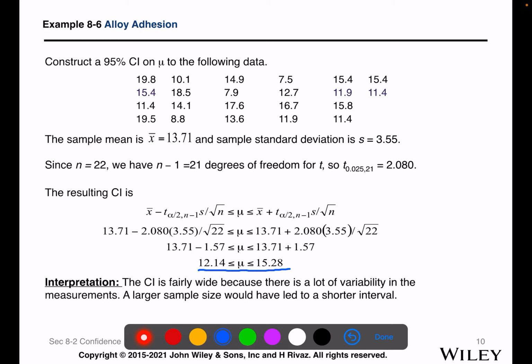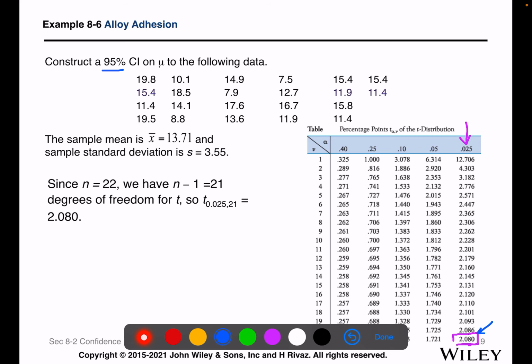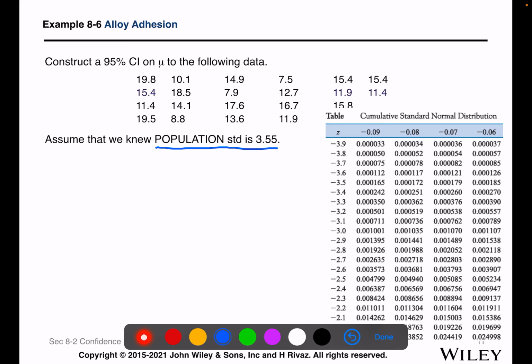So assume that in addition to these 22 data points, somehow, let's say magically, we knew that the population standard deviation is 3.55, right? So in this case, and again, we want a 95% confidence interval for the mean, right? So we want to find the 95% confidence interval for the mean of this distribution.